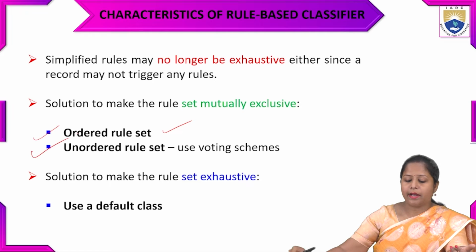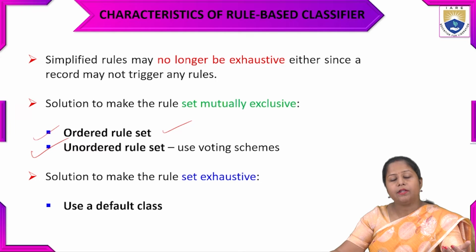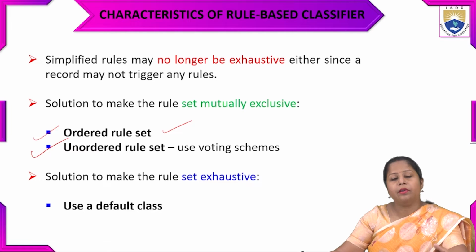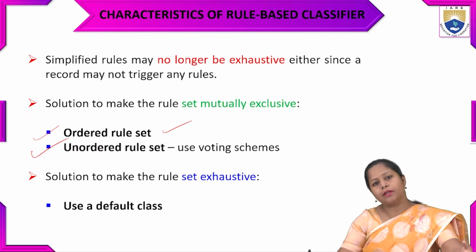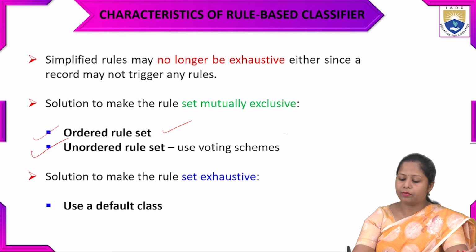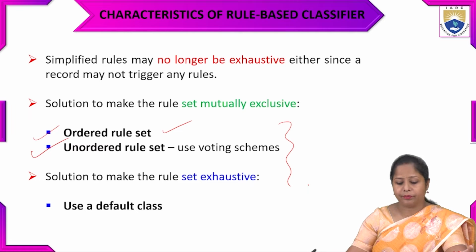Another is an unordered rule set, in which we use the voting scheme. For any of the branches or nodes, we do the voting, choose the branch with the highest vote, and extend that branch. Like this, we set the rules for the decision tree.